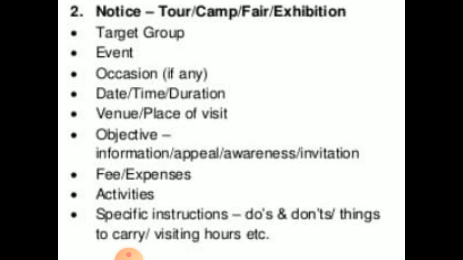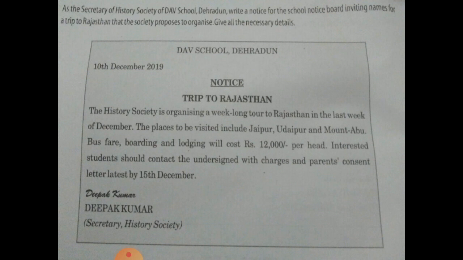Then fee, expenses, activities, then specific instructions, do's and don'ts, things to carry, visiting hours, etc. All these should be mentioned in the notices regarding tour, camp, fair and exhibition. So here is example regarding the same, and I hope that you all will go through it in order to comprehend the concept.